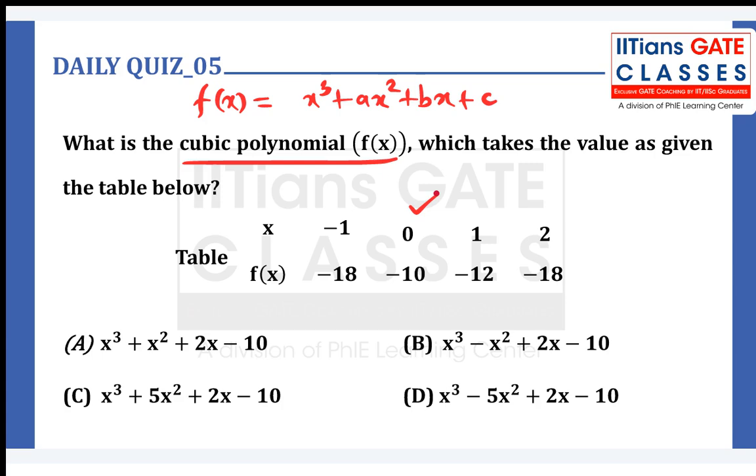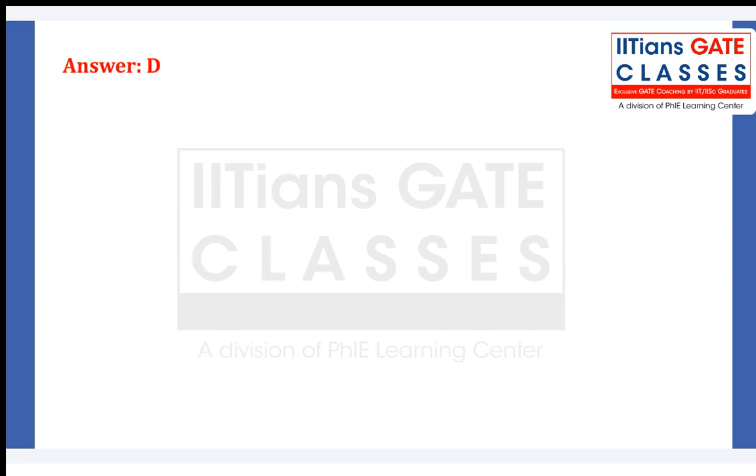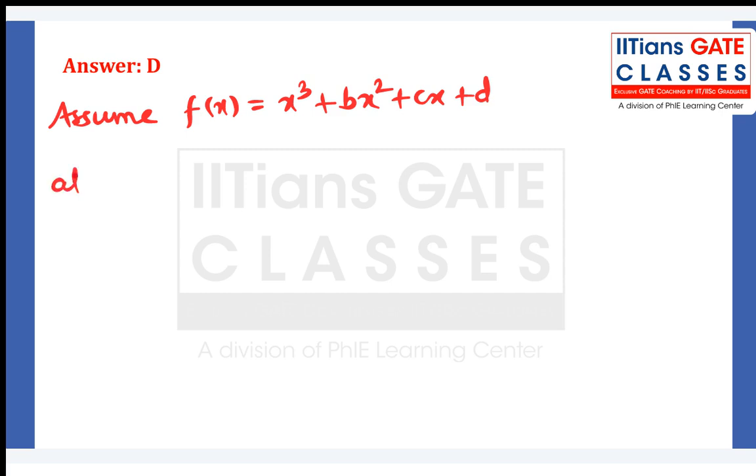So assume your f of x as x cube plus bx square plus cx plus d. At x equal to 0, your function value is minus 10. So that will directly give you d as minus 10. So the constant term in the polynomial is minus 10.